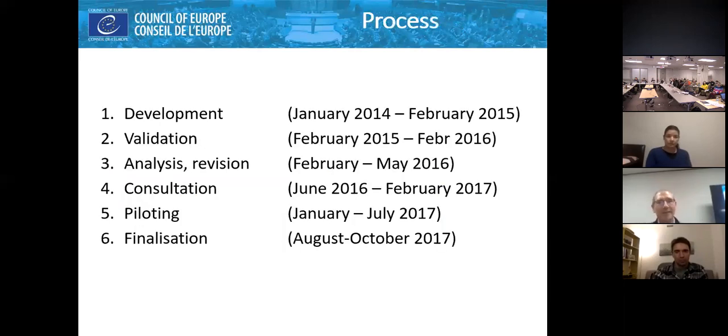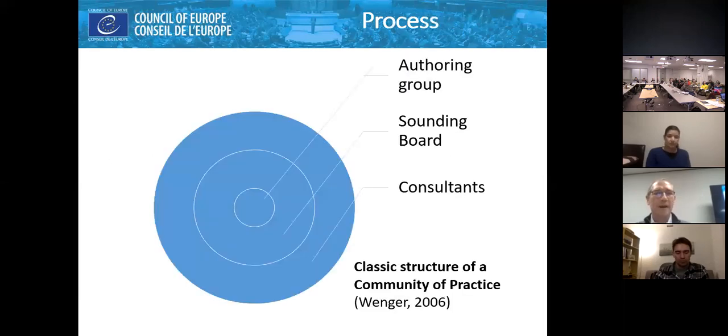So the way we did this in this project was there were 6 phases, as you can see there, and it went from January 14 to October 2017. So basically, for 14, 15, 16, basically 4 years. And I discovered later that it's a classic community of practice structure.